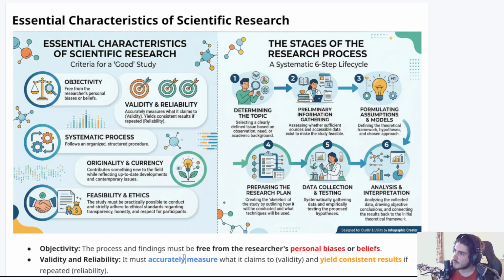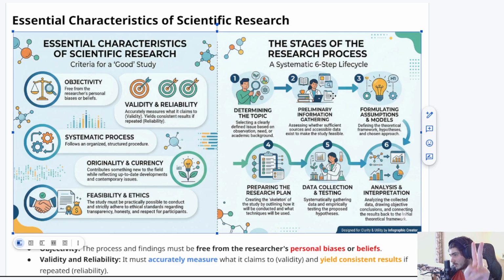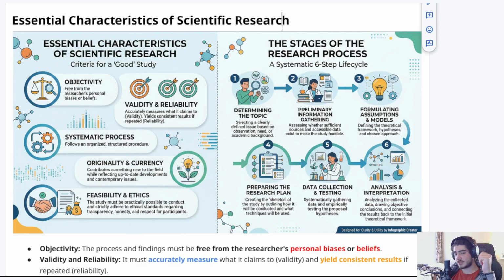So when we check out the stages of the research process, we have six main steps. The first one is determining the topic, find out what you're going to talk about. The second one is your preliminary information gathering. You try to see if there's enough data or sources to make the study feasible.